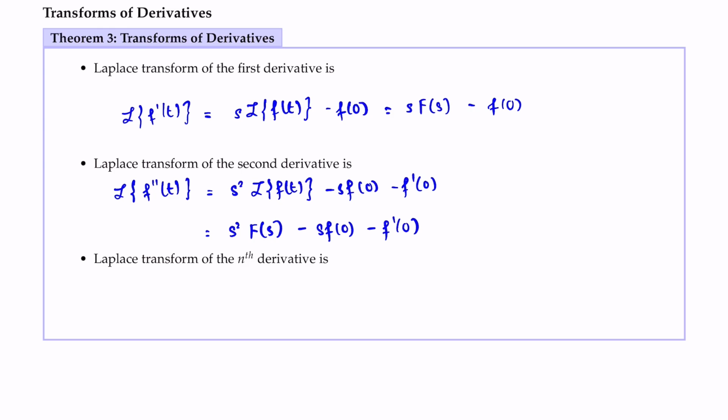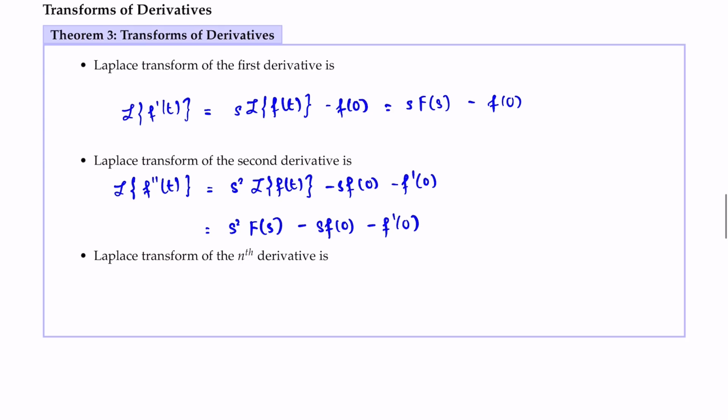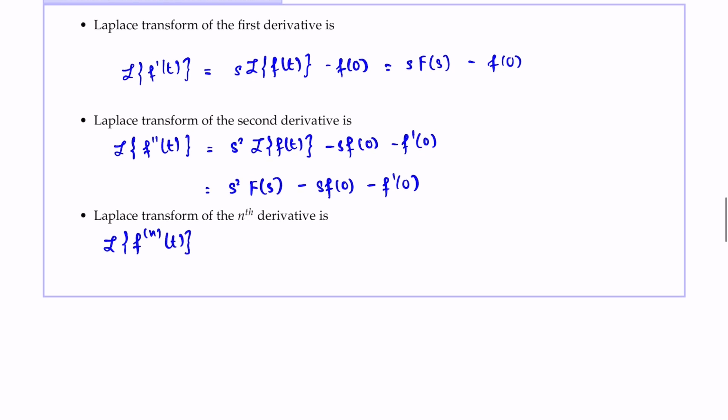In general, the Laplace transform of the nth derivative of the function f is s to the power n times the Laplace transform of f of t, minus s to the power n minus 1 times f of 0, minus s to the power n minus 2 times f prime of 0, minus and so on.